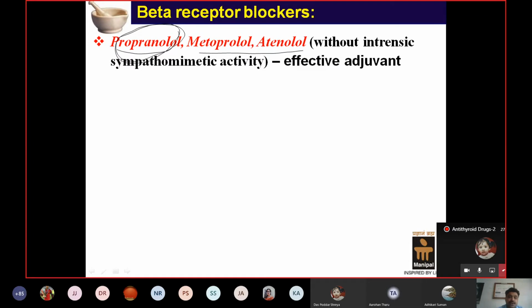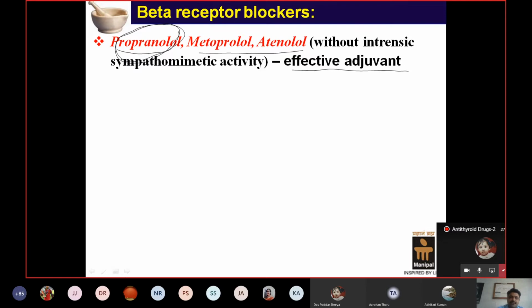We prefer it if there is no contraindication, if the patient is not asthmatic. If you have to prefer a beta blocker, then propranolol is preferred. It is an effective adjuvant. It is not used as a main drug, but as a supplement.